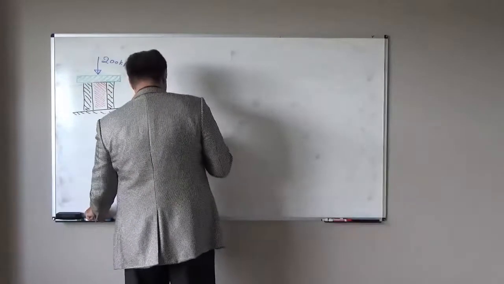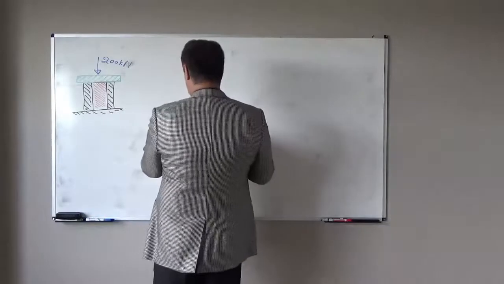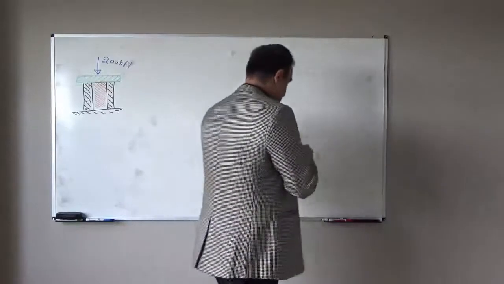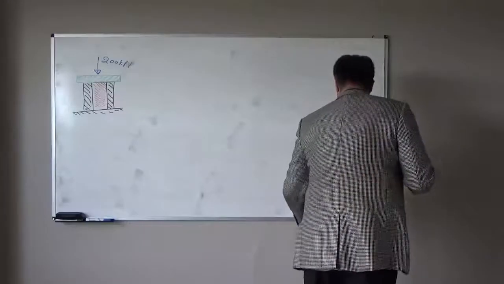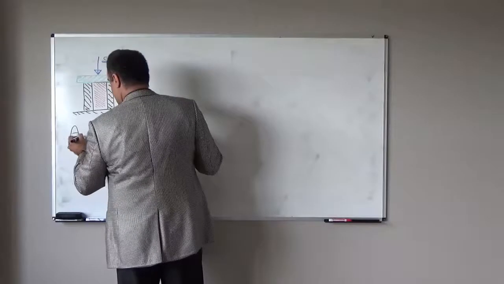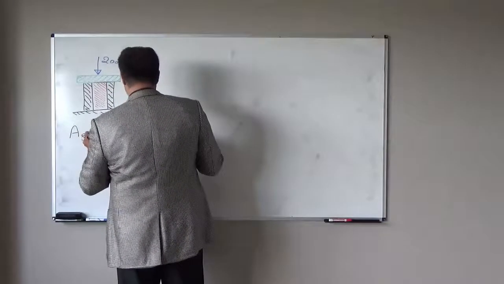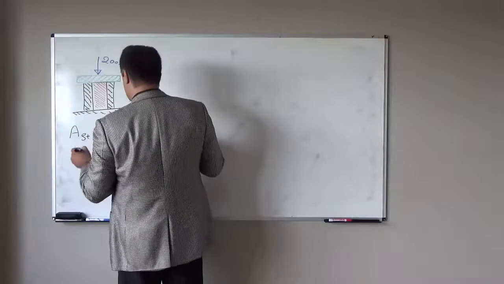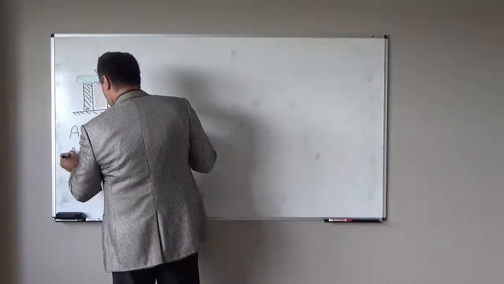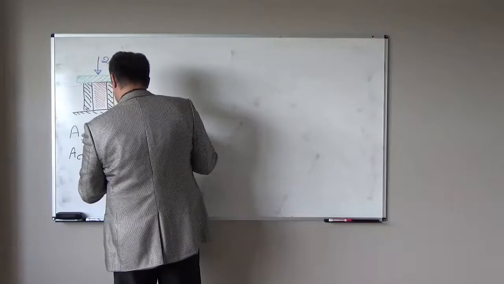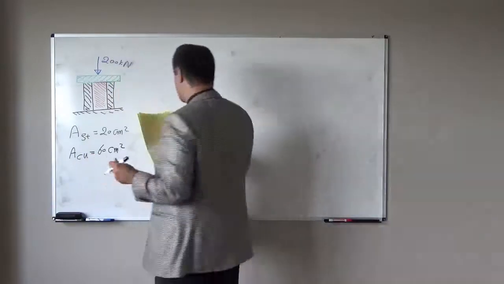Cross-sectional area for steel is equal to 20 centimeter squared, and for copper it is equal to 60 centimeter squared.